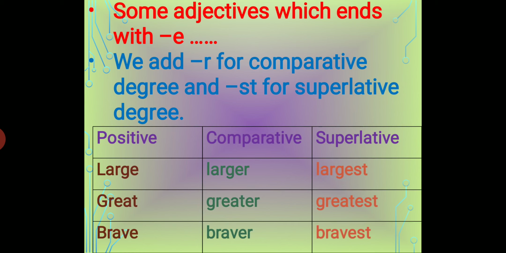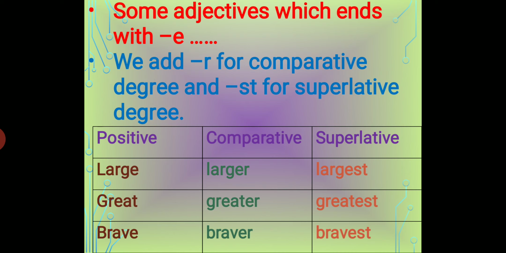Here, as we know, three degrees are there: positive, comparative and superlative, right? And look at the positive column. Large becomes, we only add R, larger.